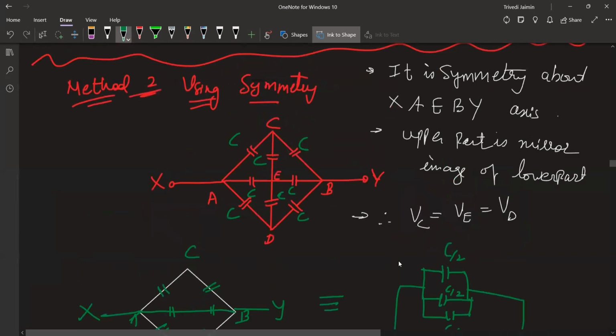We have removed this capacitor 2. Because there is no potential difference across, sorry, there are equal potential differences across C, E, and D. So we are removing E, so that there won't be any capacitor in between C, E and D.